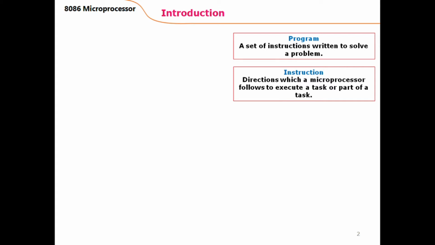So when a programmer wants to solve a problem by a computer, then the programmer has to give a set of instructions to the computer by writing a set of instructions which forms a program.